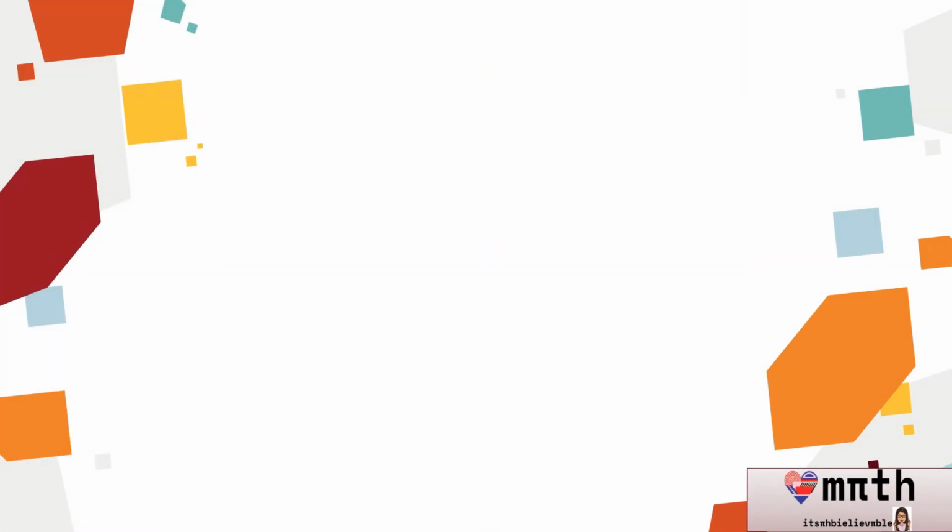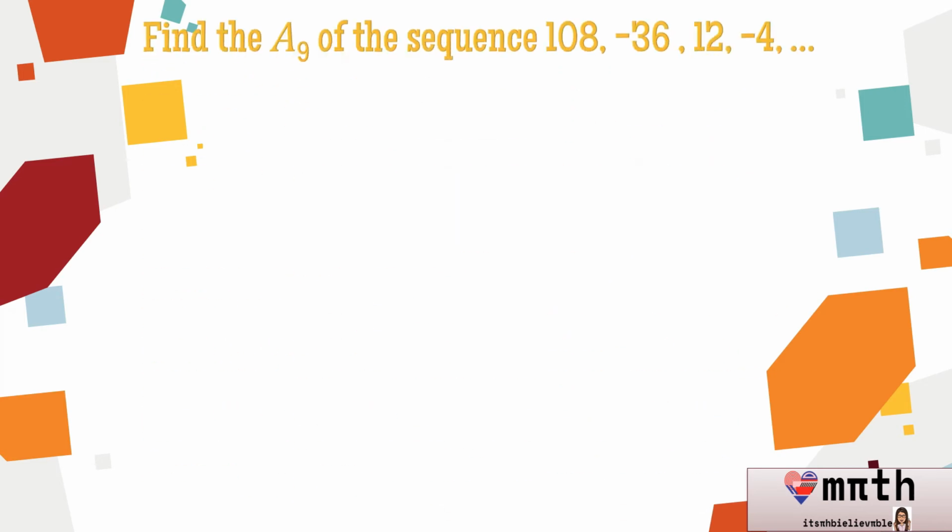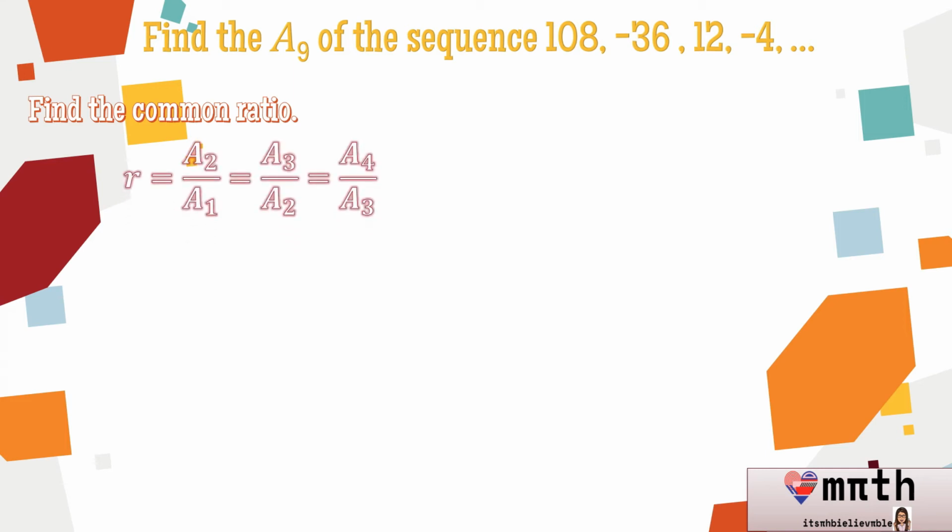For our next example, we have find the a sub 9 of the sequence 108, negative 36, 12, and negative 4. Okay, so let us find the common ratio. That would be second term divided by first term, third term divided by the second term, and fourth term divided by the third term.